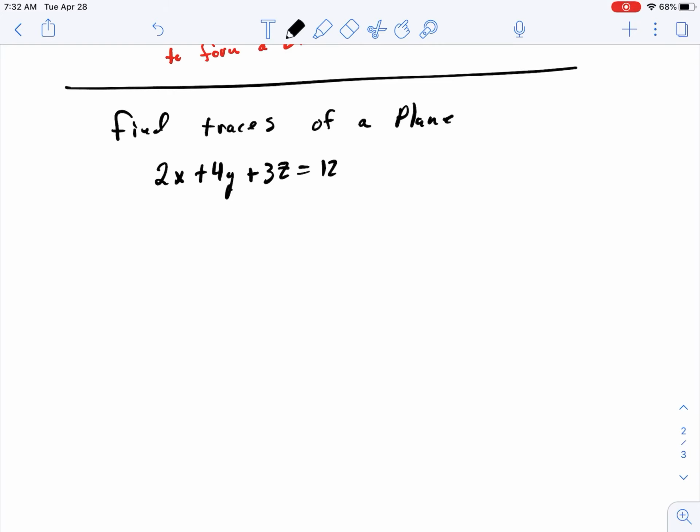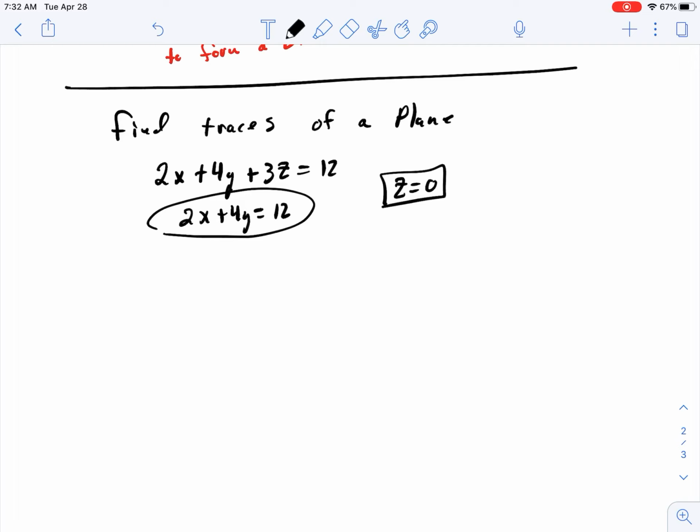Now this is like finding the x and y intercepts in standard form of a single line. So I'm going to start off by letting z equal 0. If z is 0, then I have 2x plus 4y equals 12. And if you remember, when you have a standard form, you get the x and y intercept.